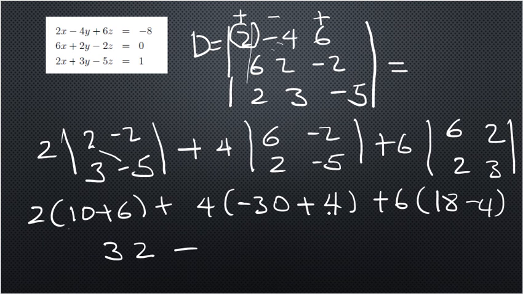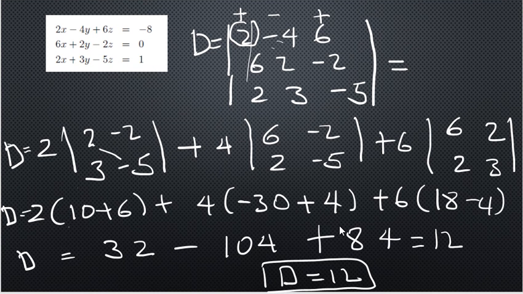Here, -26 times 4, that is -104. Then plus 14 times 6, which is 84. Therefore, when we calculate this number, it comes to 12.